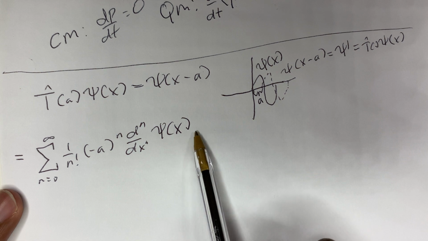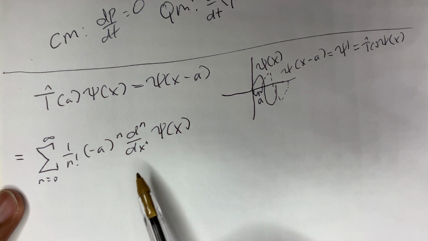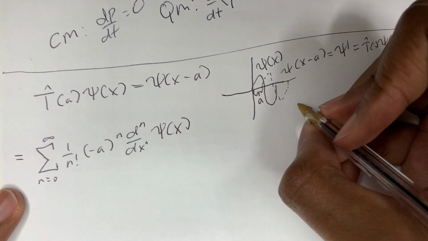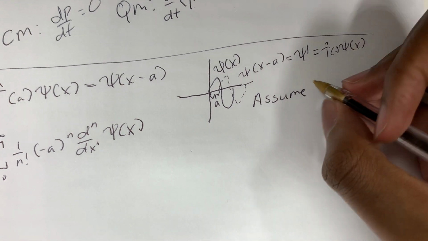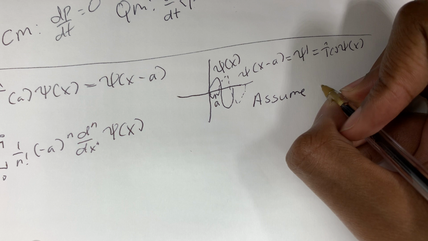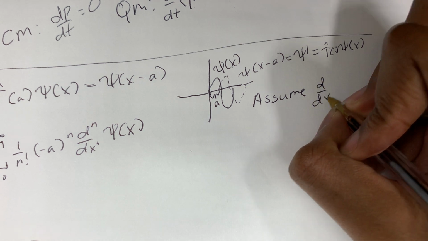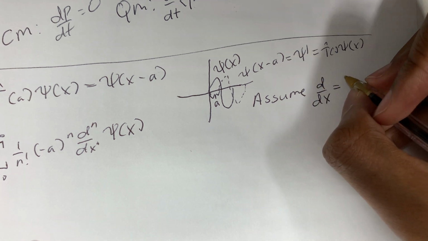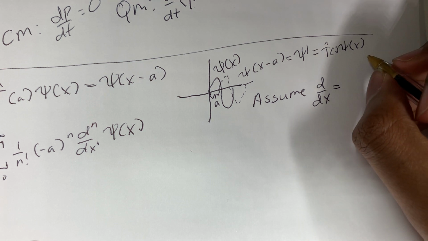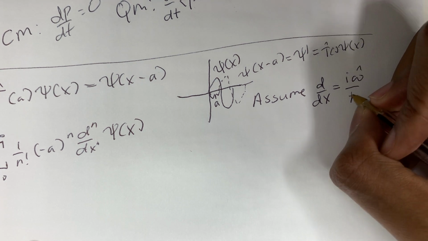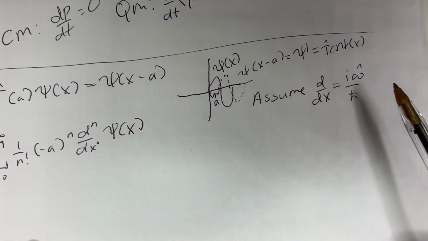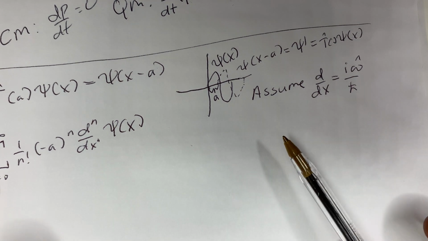Okay, so now let's assume that the derivative d over dx can be written as i omega hat over h bar, where omega is some operator we have yet to specify.